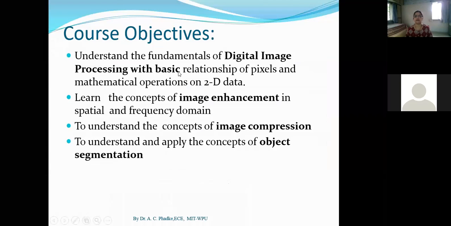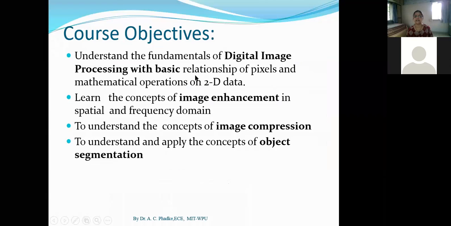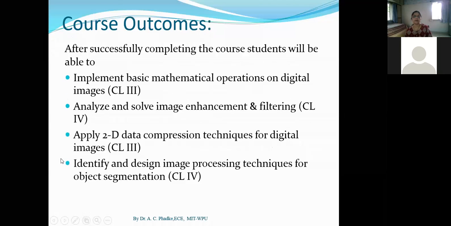It basically covers the basic relationship of pixels, what is the meaning of a digital image, how to process the image, etc. Second objective is to learn the concepts of image enhancement in both domains, spatial as well as frequency domain. Then to understand the concepts of image compression. And the last objective is to understand and apply concepts of object segmentation.